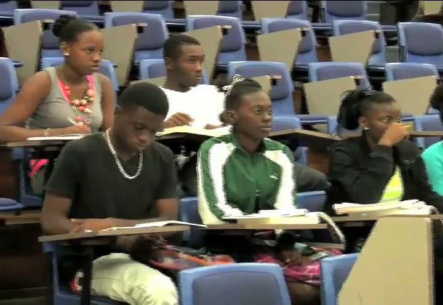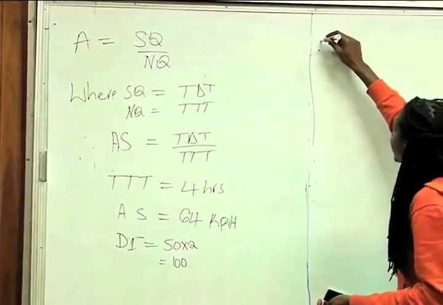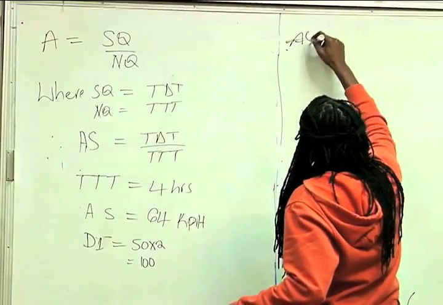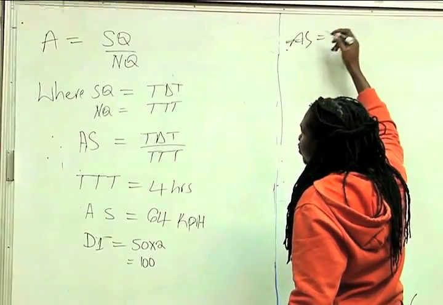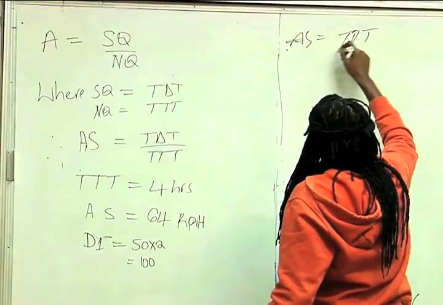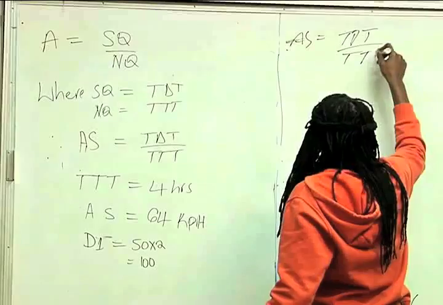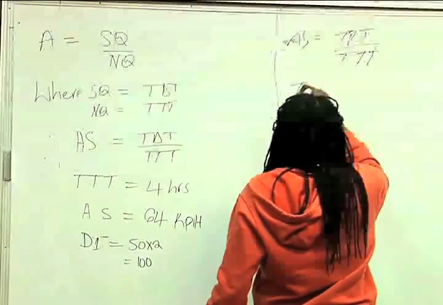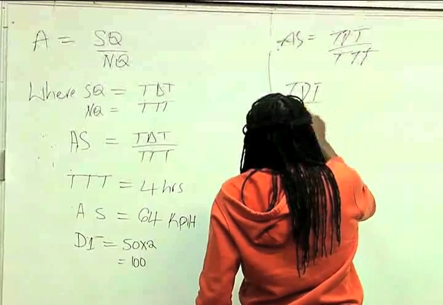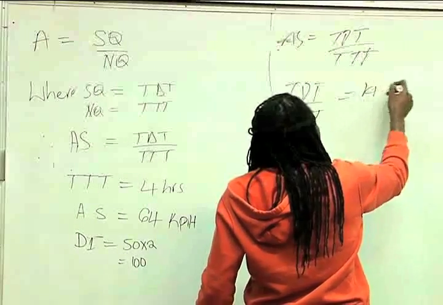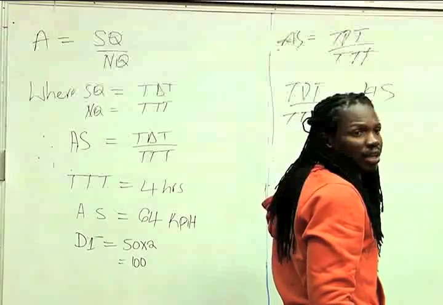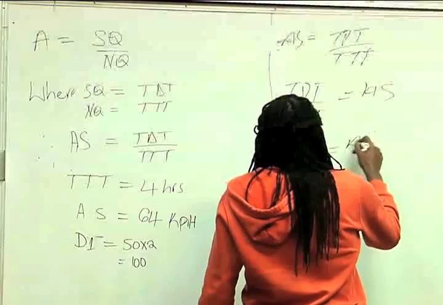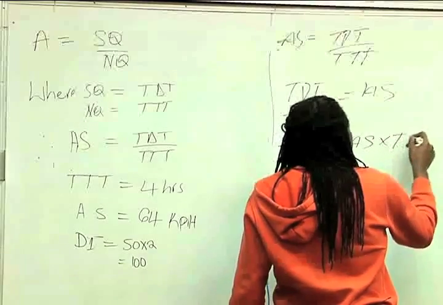So, if AS equals TDT over TTT, then TDT over TTT equals AS. Then it means that TDT equals AS times TTT.